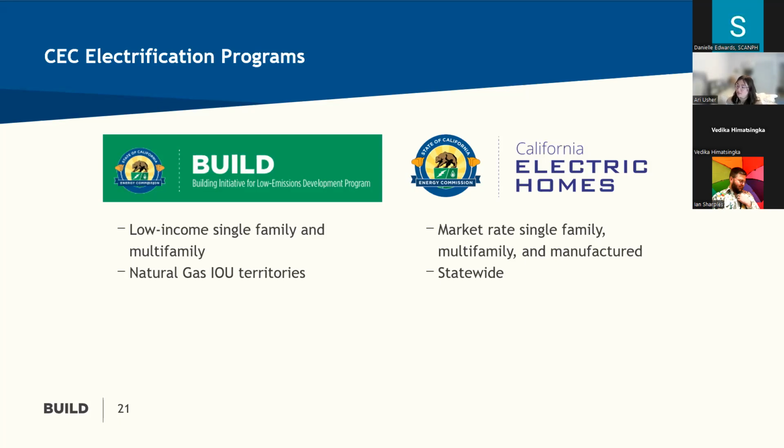I'd also like to mention that Cal EHP is open for naturally occurring affordable housing, and affordable housing that doesn't meet the low income requirements of Build can access Cal EHP. So between the two of these, it's likely that there's going to be some funding for your all-electric project from one of these CEC programs.